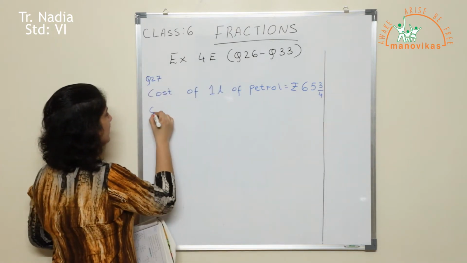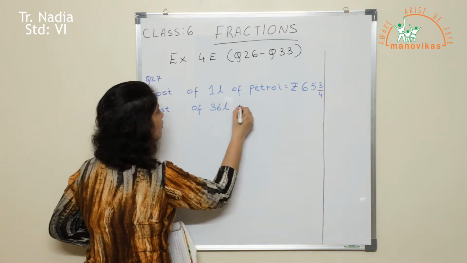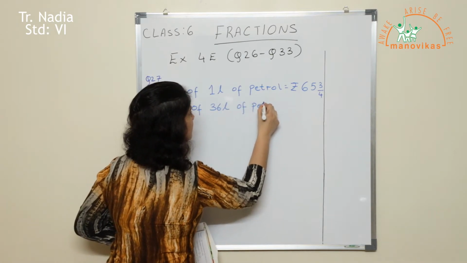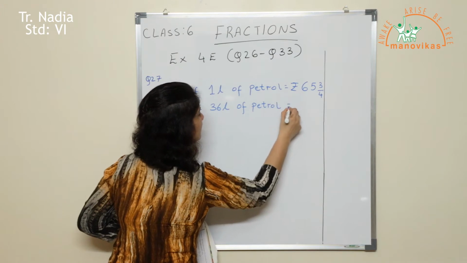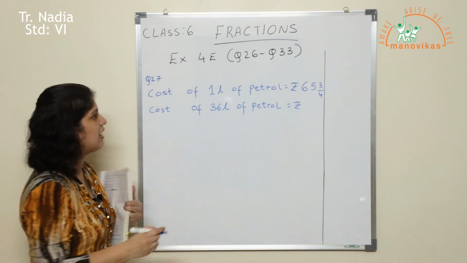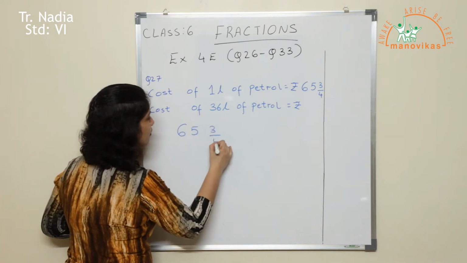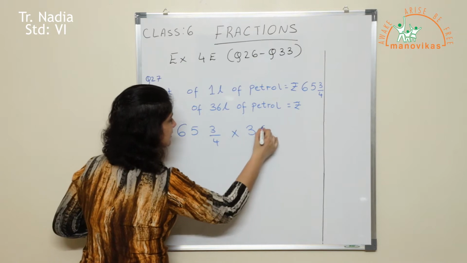And you have to find the cost of 36 liter of petrol. Again here children, you are given the cost of 1, you have to find the cost of many. So you have to multiply 65 3 upon 4 by 36.